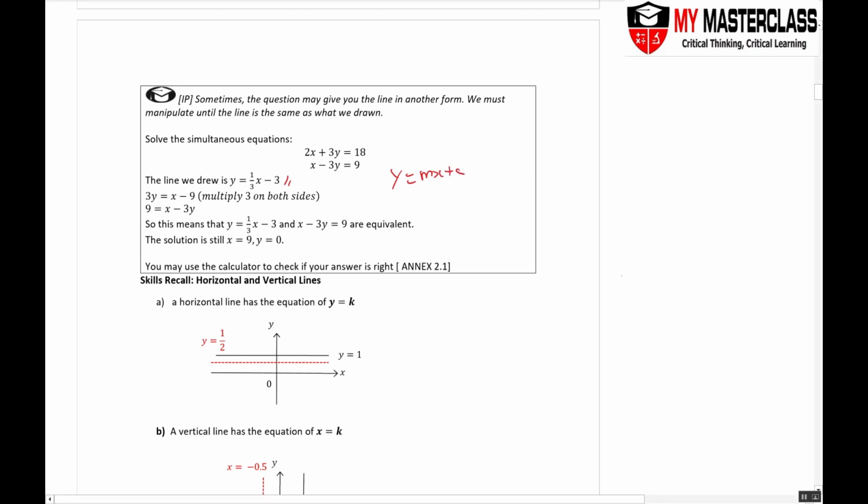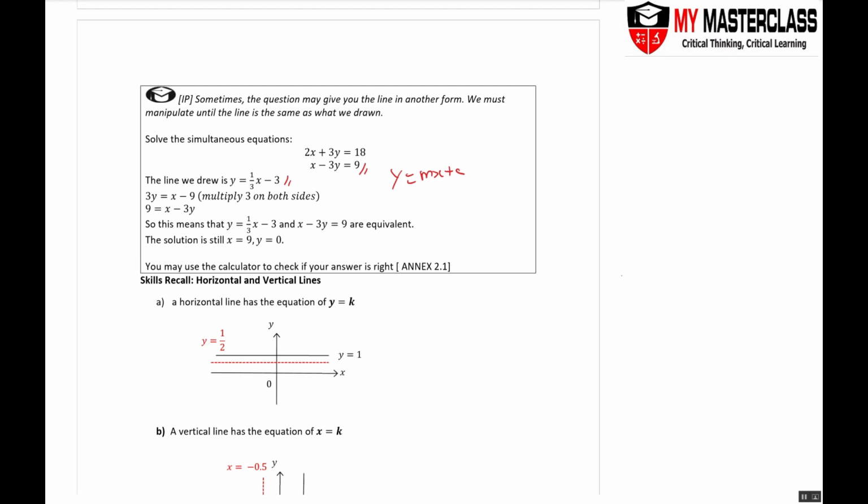But if you realize, if we shift around, multiply 3 on both sides, you get 3y equals x minus 9, then 9 equals x minus 3y, which is the exact same as what you have. So the solution is still exactly the same.